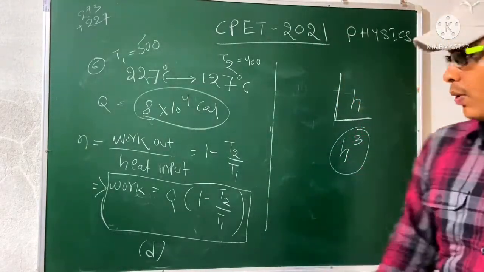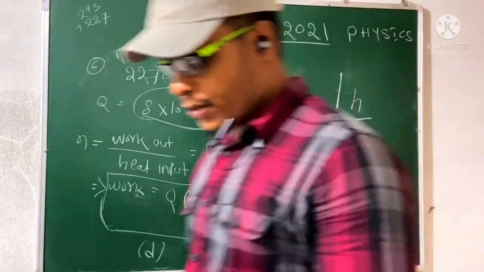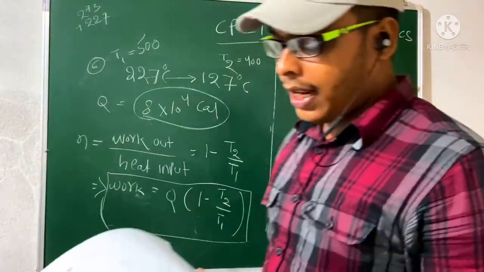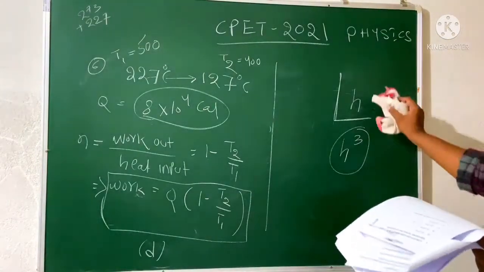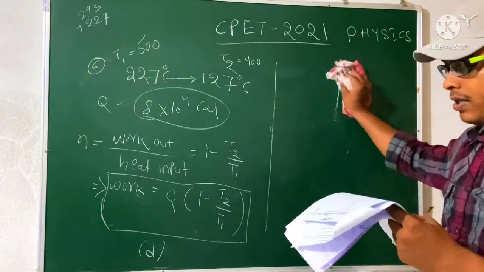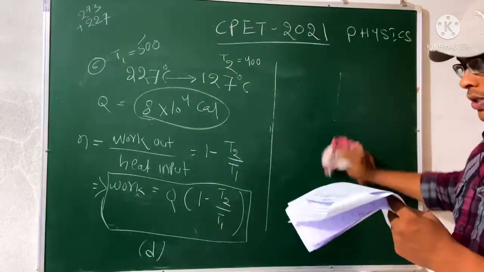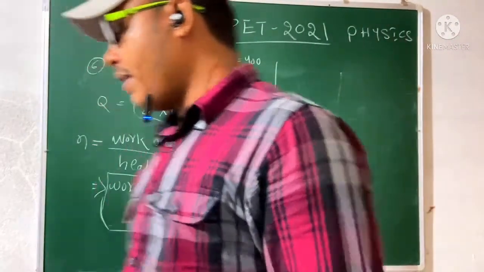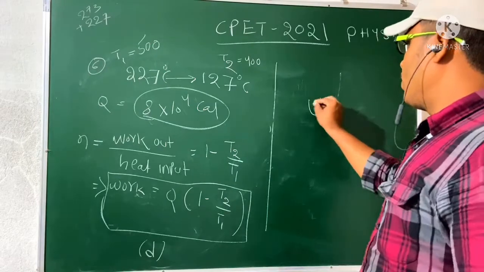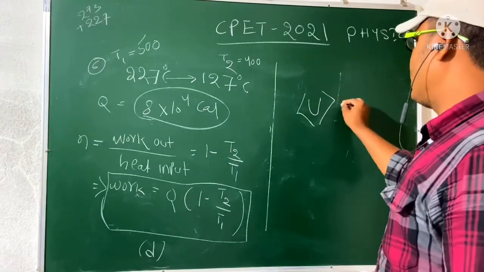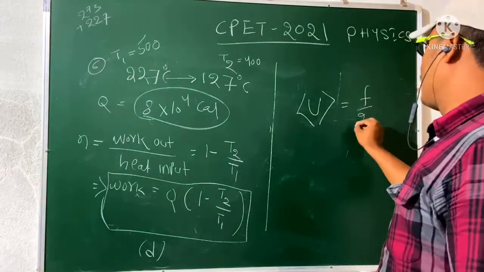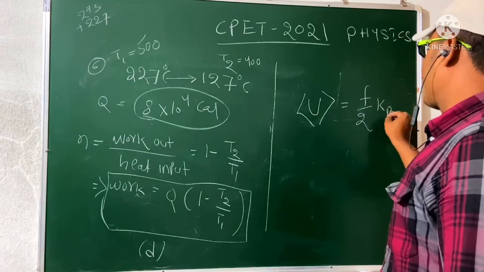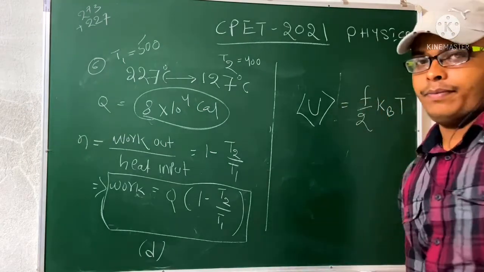Okay, so next we will go to question number 8. The mean internal energy of a one dimensional classical harmonic oscillator in equilibrium with a heat bath of temperature T. Generally for an oscillator the average internal energy is f by 2 kT, where f is the degree of freedom.